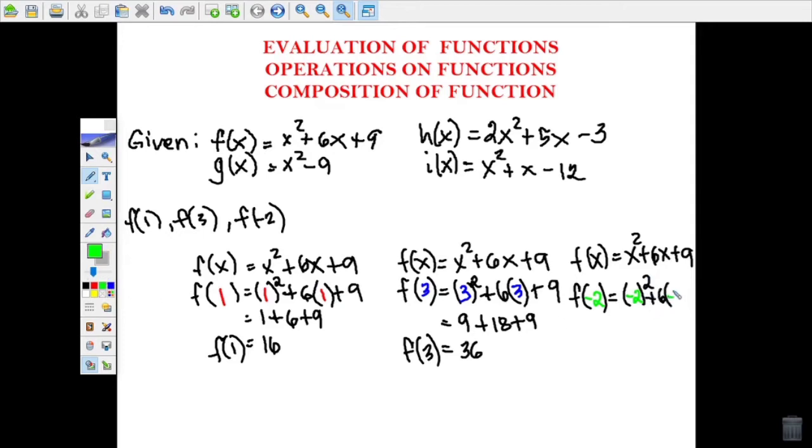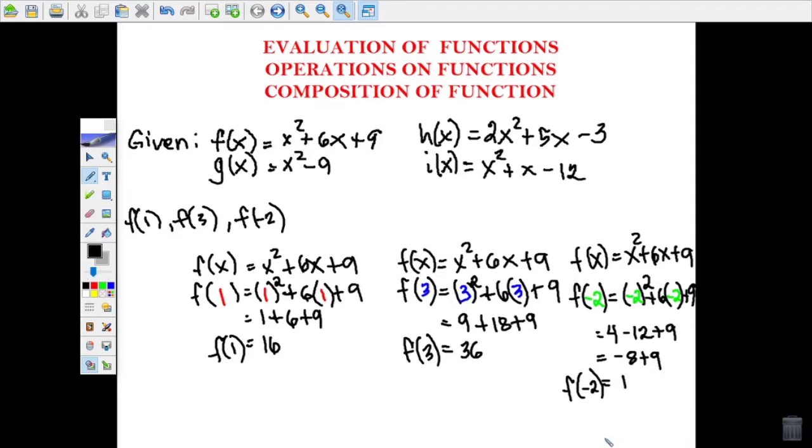Okay, since si x ay negative 2. Then plus 9. Okay, then, solve natin. Negative 2 squared, negative 2 times negative 2 is 4. Then 6 times negative 2 is negative 12. Then plus 9. Okay, 4 minus 12 is negative 8 plus 9. So therefore, that is 1. So therefore, the value of f of negative 2 is 1.